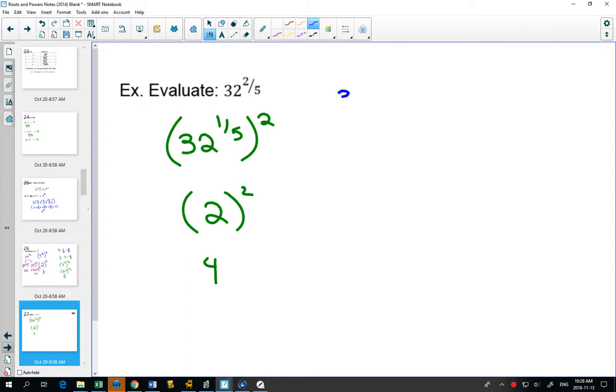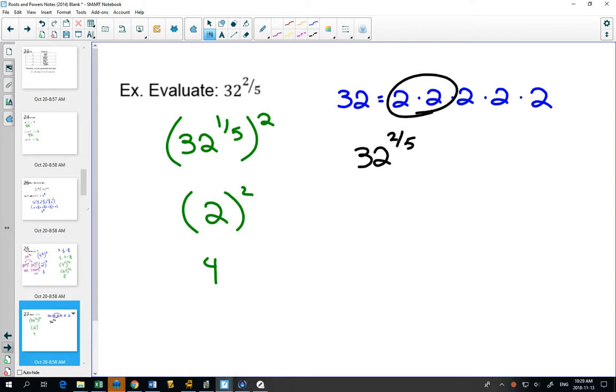Check this out. I think this is pretty cool. If 32 is equal to 2 times 2 times 2 times 2 times 2, five twos, does that look like I've circled 2/5 of it? Isn't that cool? Equal to 4.